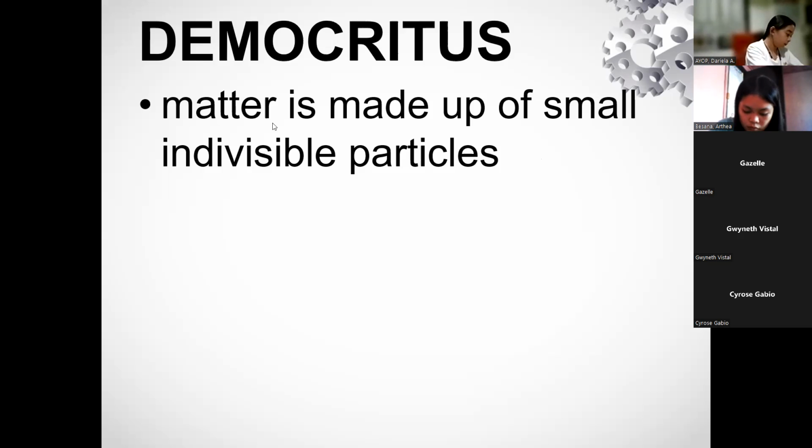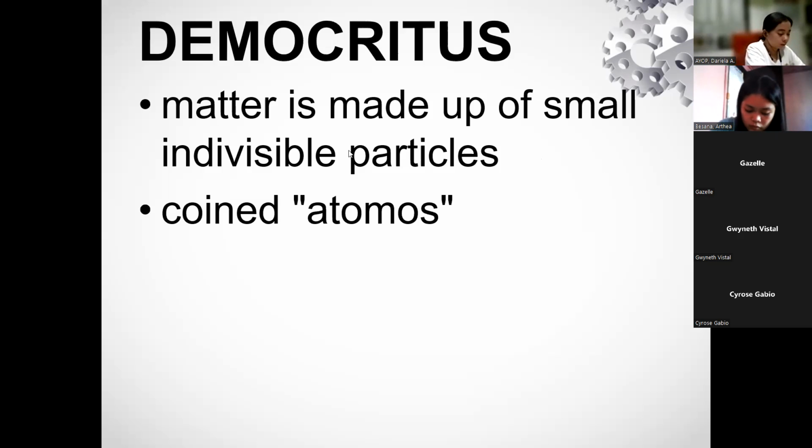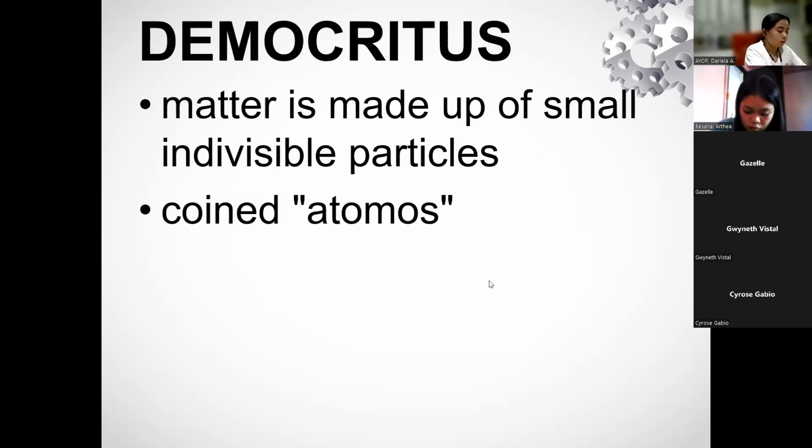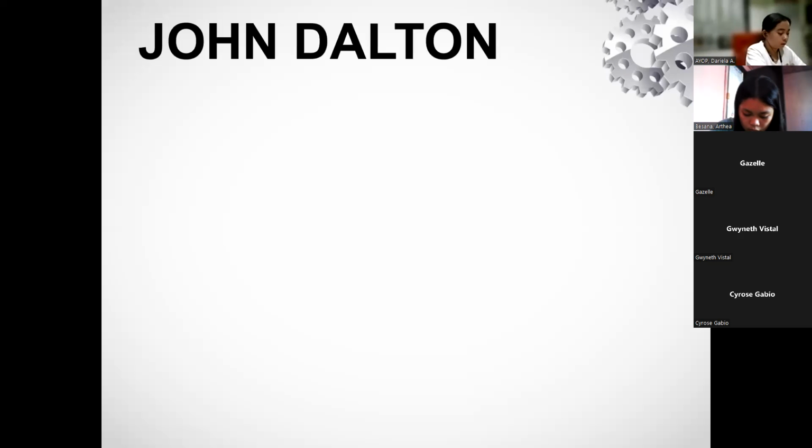So again, sabi niya, since chemistry is the study of matter, then matter daw is made up of small indivisible particles, which he named atomos. So atom dati ay ang tawag nila ay atomos. He was the one who used that term, atomos. So again, that's the first one.